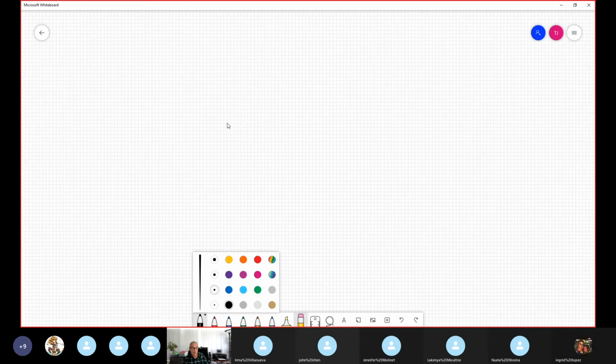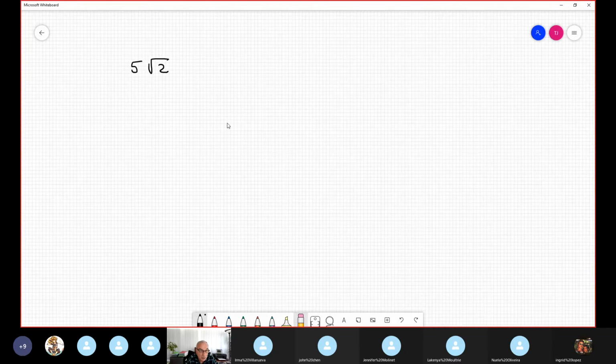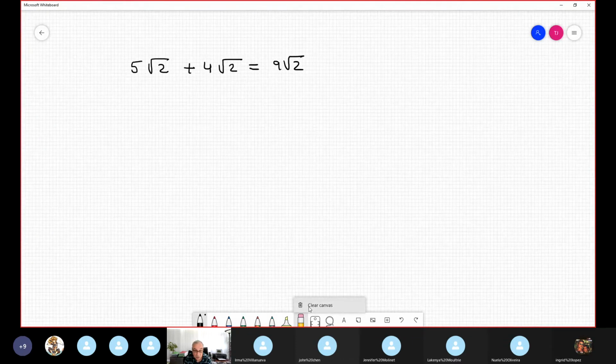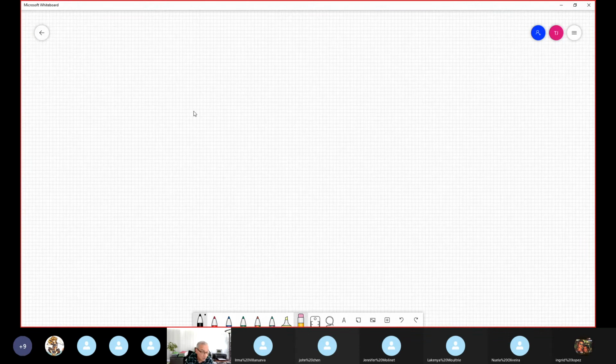Look, for example, suppose you have 5 radical 2 plus 4 radical 2. When the radical is the same, the only thing you should do is addition or subtraction, depending on the operation. The coefficients in front give 9 radical 2. When the radical is different, no. But when the radical is the same, yes. So I need to take advantage of this idea. When the radical is the same, we can combine the coefficients in front. Otherwise, no.